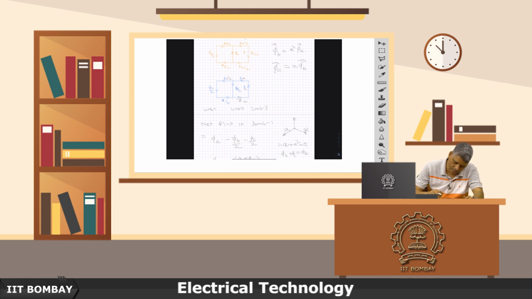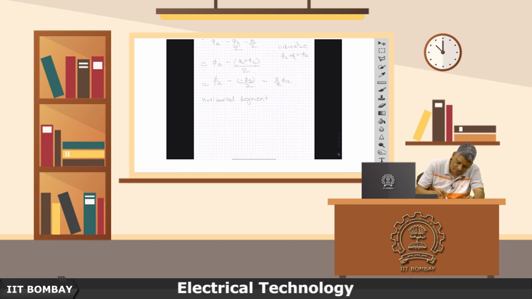So, if you look at the center junction connection, you will get 3 by 2 phi a, 3 by 2 phi c, and 3 by 2 phi b coming here.